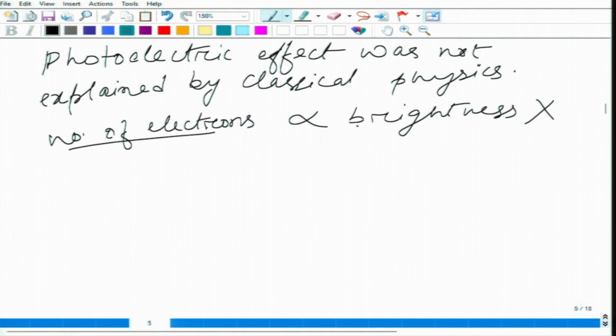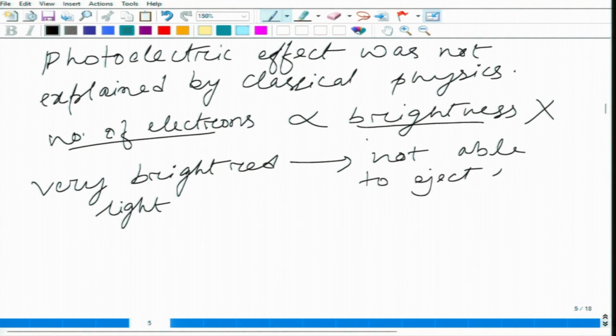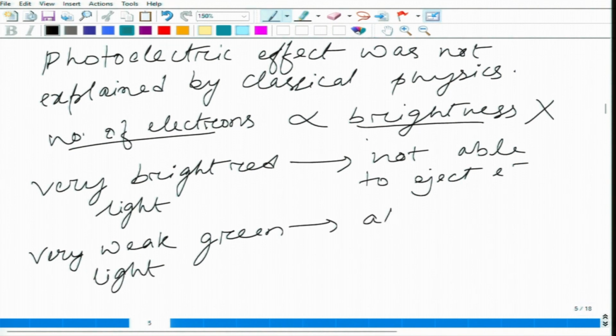The number of electrons is not always proportional to the brightness of the light, because it was observed that, for example, a very bright red light is not able to eject electrons, but a very weak green light is able to show the photoelectric effect.